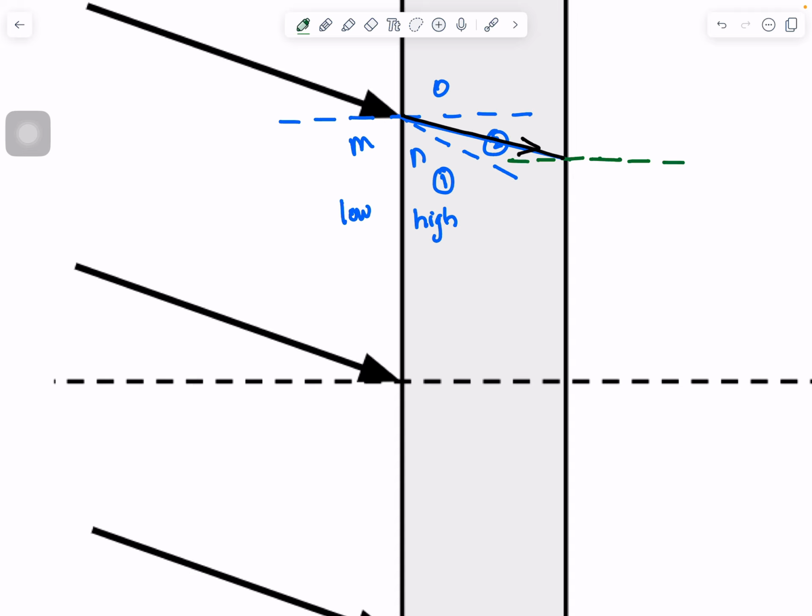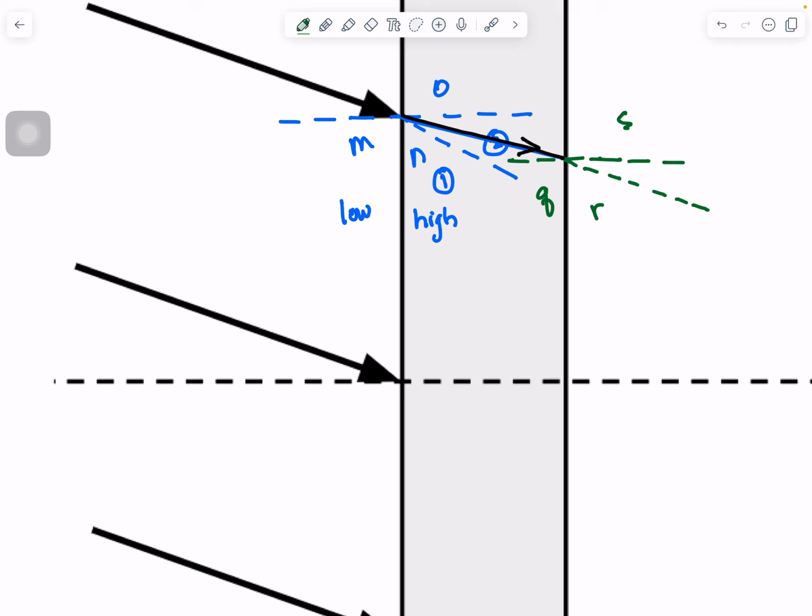So let's go Q, R, and S. So where's the light going to go? Q, R, or S? Now, some of it will go to Q, but for our refracting, we will go into R. And then do the same thing we've been doing, so this is if it doesn't refract at all.